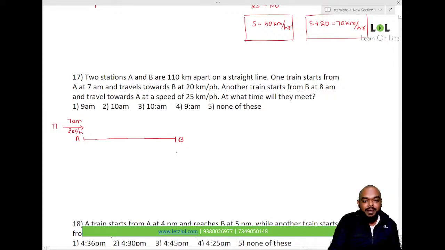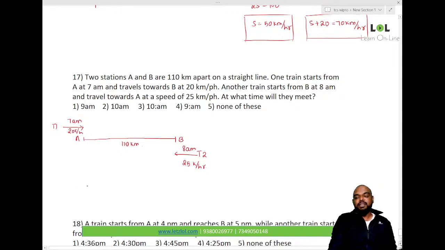And train 2 starts from B at 8 a.m. at a speed of 25 km per hour. Now we know that the distance between them is 110 kilometers. So at what time will they meet? At what time will they meet is the question.